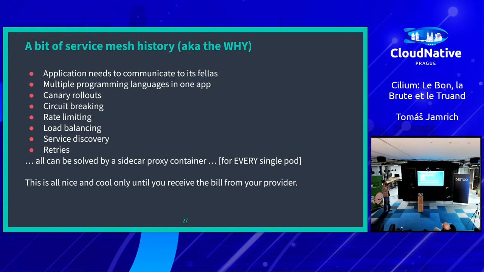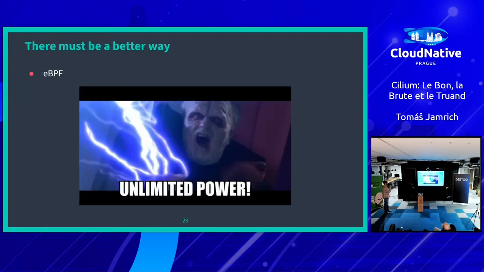Okay, so that's all nice. It can work with the proxy, but it only works until you receive the bill. So there must be a better way, you say. eBPF, as we already talked about.